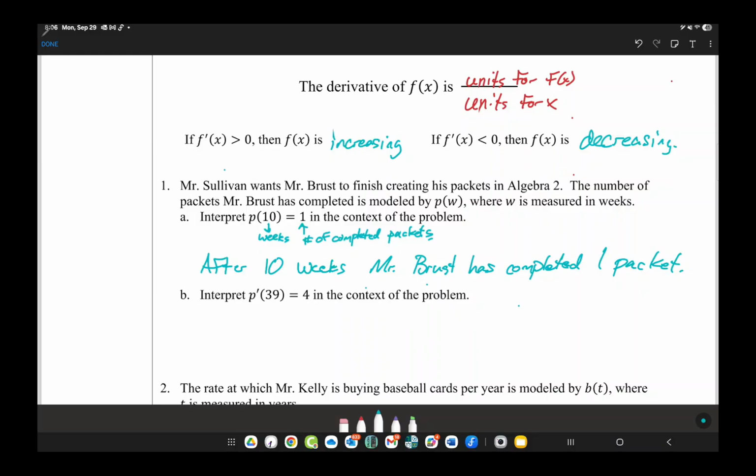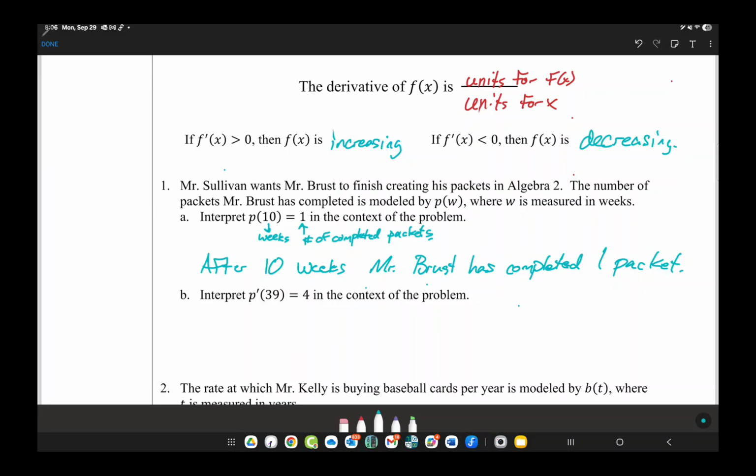Again, if you are given a function and just said, well, this value at this x gives you this, that's just a straight plug and chug. What we get after this amount of time. But if we're asked to interpret the derivative, now the derivative should be in terms of a rate. So we need to have a rate here. And it is very important you actually use the word rate in this.